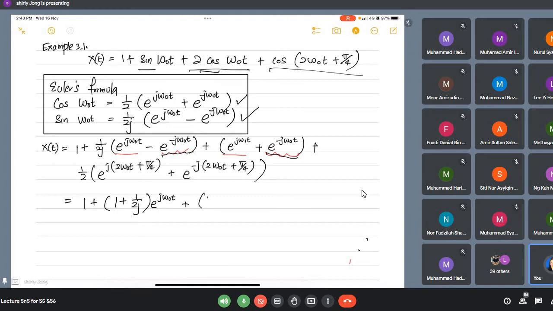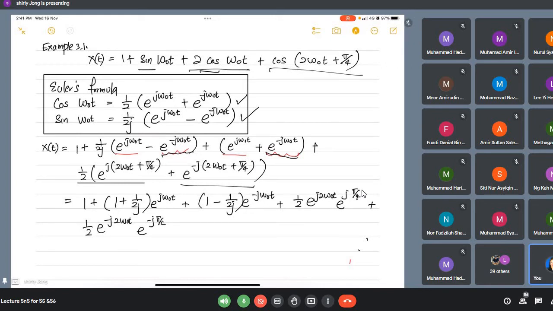So I have 1 minus 1 over 2j exponent minus j omega naught t, plus with this one and this one: 1 over 2 exponent j 2 omega naught t, exponent j pi over 4, plus 1 over 2 exponent minus j 2 omega naught t, then exponent minus j pi over 4.